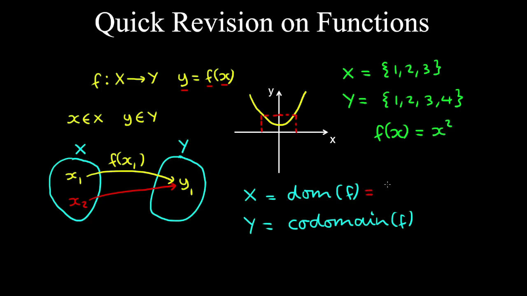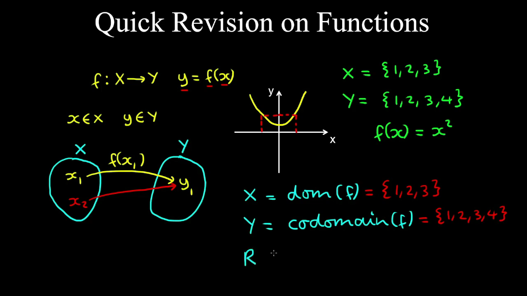So in this case, the domain of f is the set with elements 1, 2, and 3, and the codomain of f is the set with elements 1 to 4.